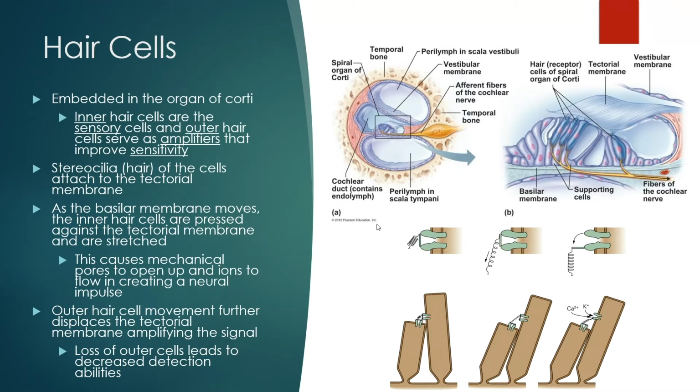So you have this wave coming through the basilar membrane, it's pushing these outer hair cells against it, which is pushing the tectorial membrane down on those inner hair cells even more. And it's making the signal greater. So when we talk about hearing loss, our inability to hear quiet sounds, that's damage to these outer hair cells. So there's no longer this amplification that's happening.